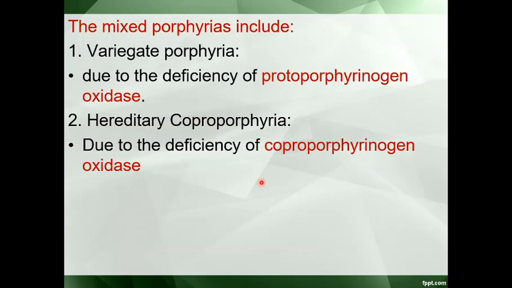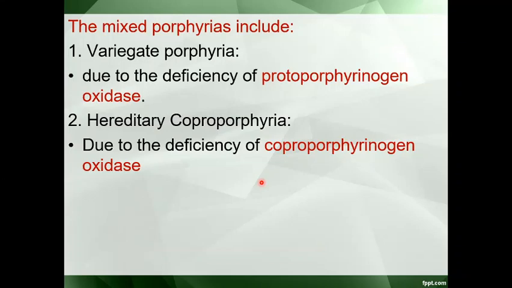I have only revised here to show that they are also classified, they are also called mixed porphyria. Right? I have described them in detail there because some of them are acute and some of them are chronic, but they are also called mixed porphyria.